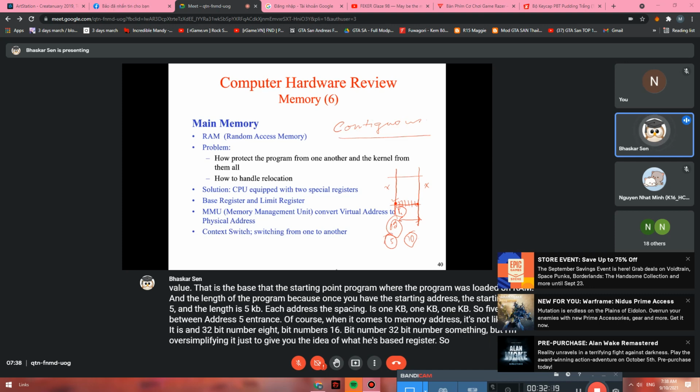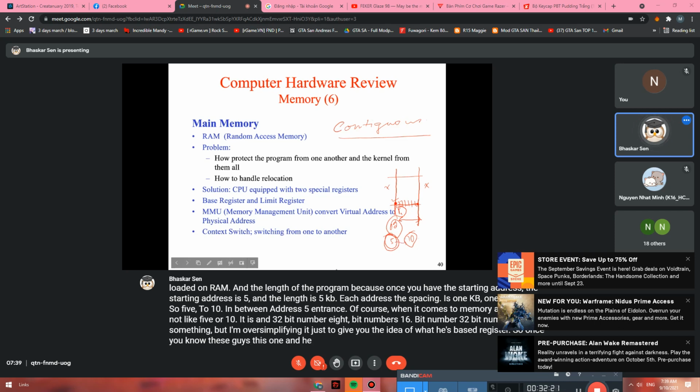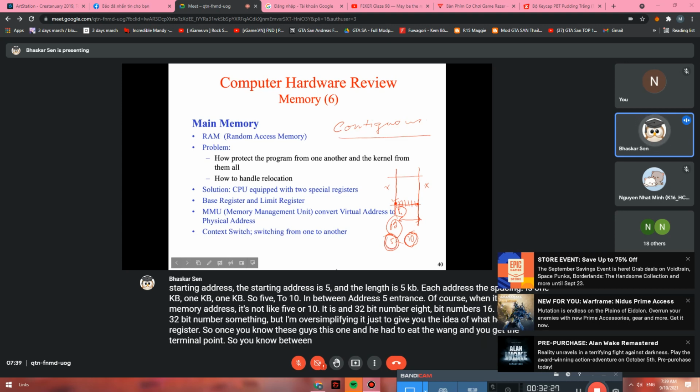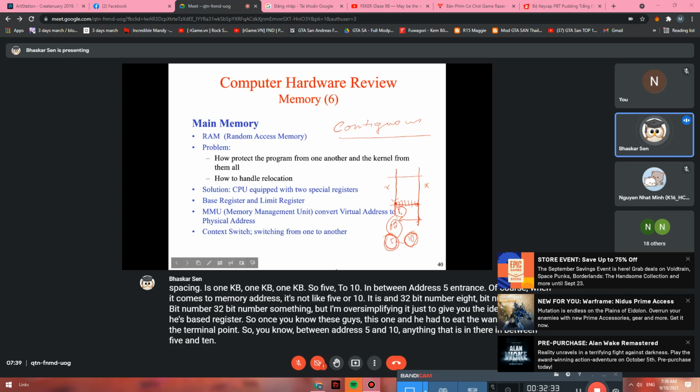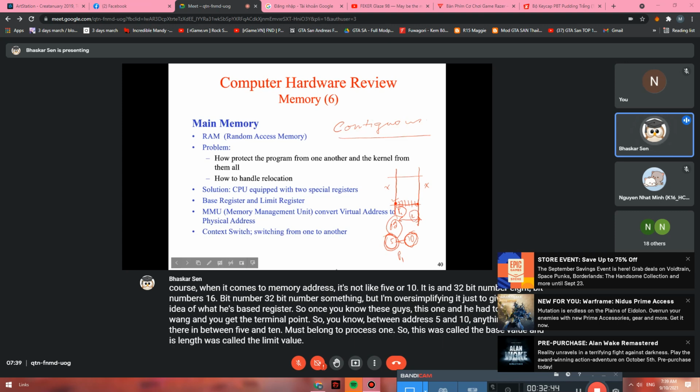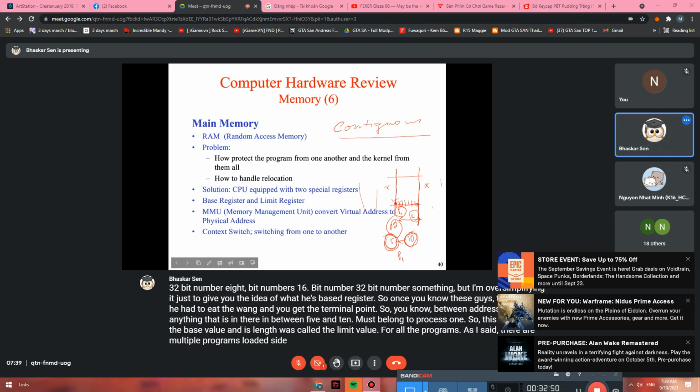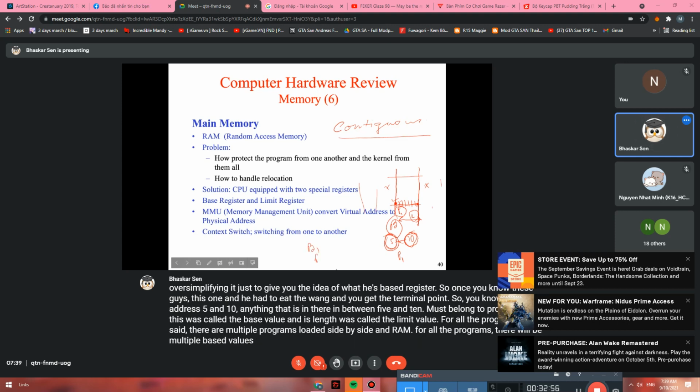So once you know this one, and you add to it the length, you get the terminal point. So you know between address 5 and 10, anything that is in there must belong to process 1. So this was called the base value, and this length was called the limit value. For all the programs, as I said, there are multiple programs loaded side by side in RAM. There will be multiple base values, B1, B2, B3.